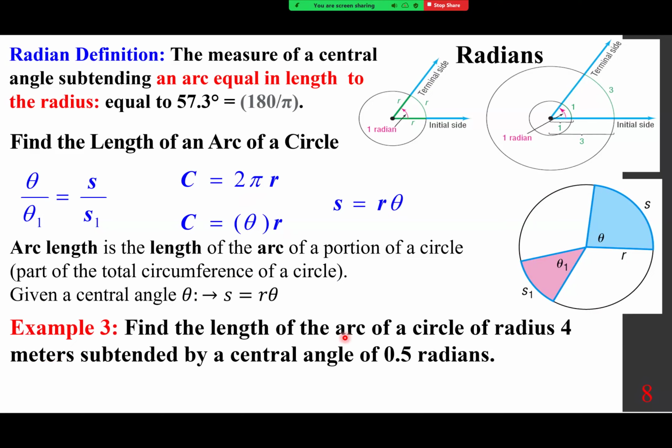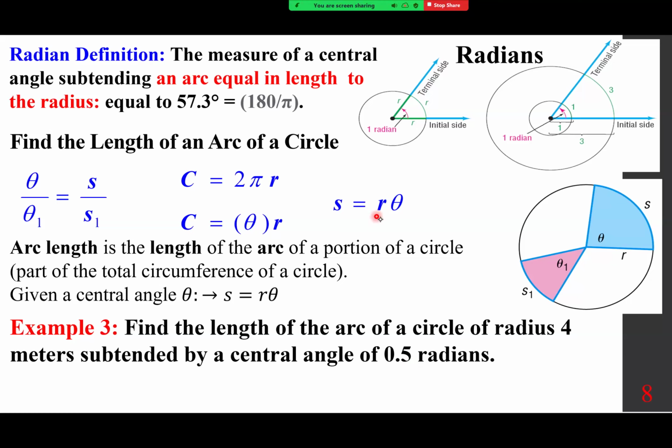So find the length of the arc of a circle of radius 4 meters subtended by a central angle of 0.5 radians. And by the way, the units must be radians for this to work. So S equals R theta.